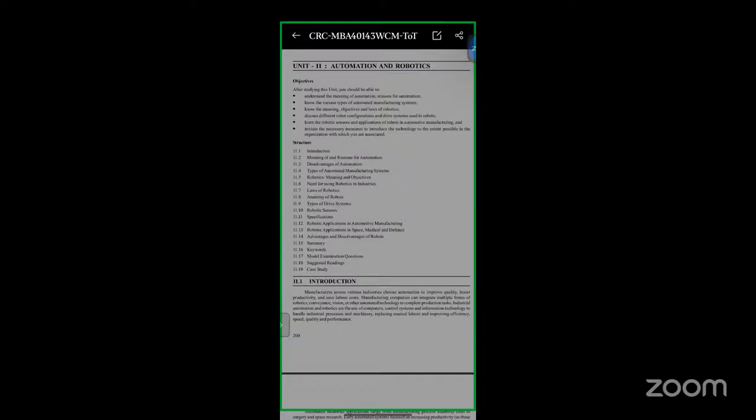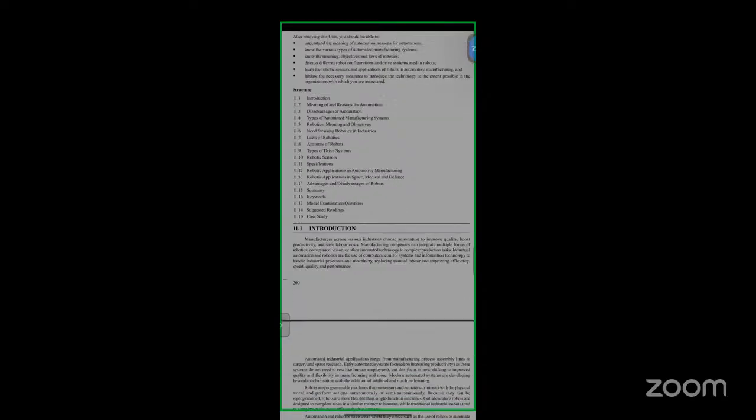So all this we are going to understand, how automation and robotics play a crucial role in the manufacturing industry.